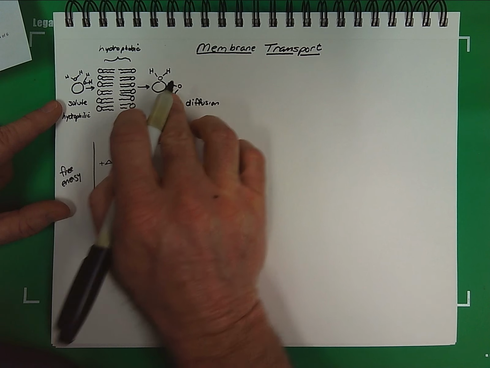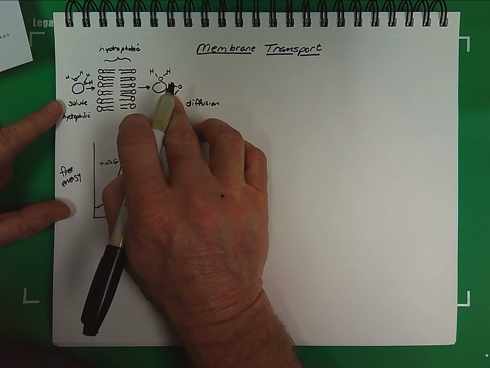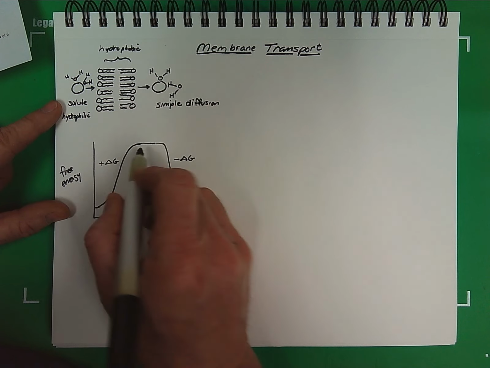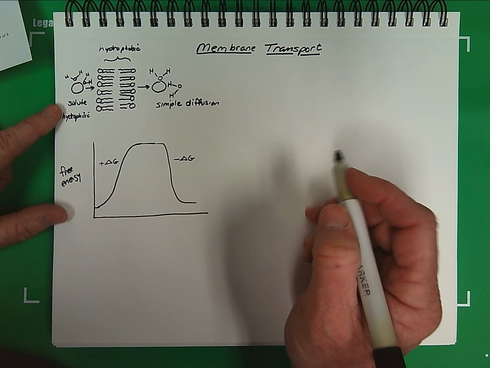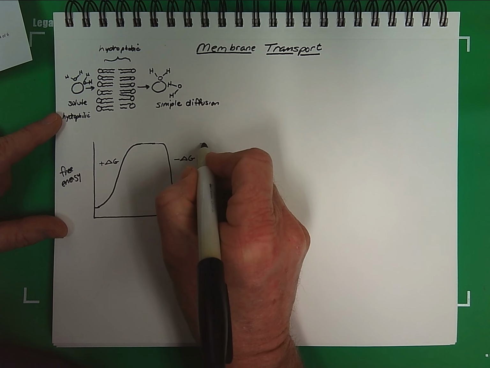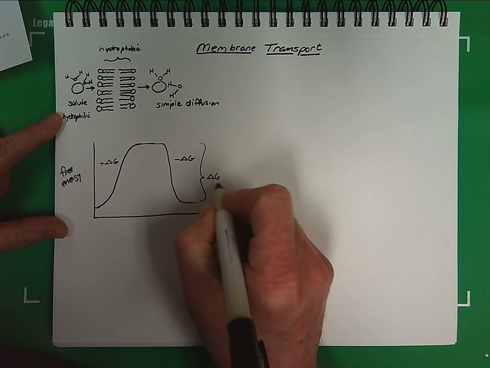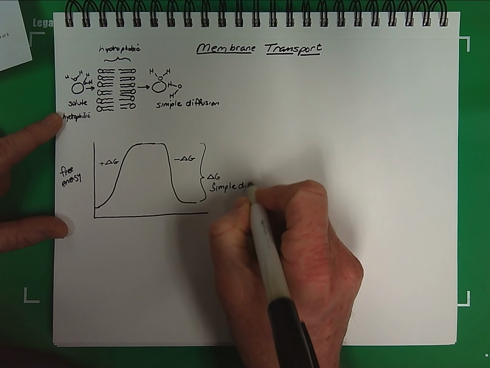So the solute is able to form hydrophilic bonds with the environment, being water and salts. That is a gain. So now this thermodynamic barrier, this change here, is considered the free energy change of simple diffusion.